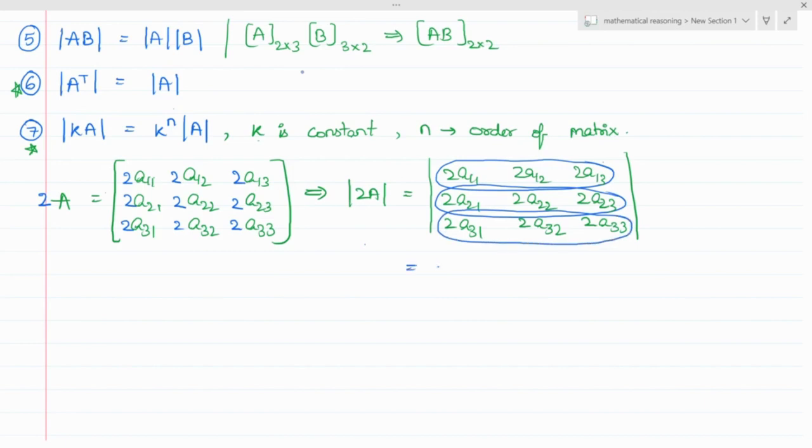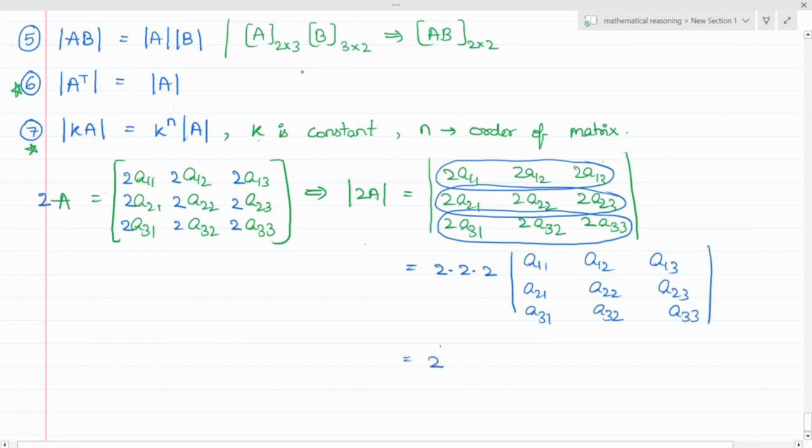So it becomes 2 into 2 into 2, times the determinant A11, A12, A13, A21, A22, A23, A31, A32 and A33. So it's nothing but 2 cube, times the determinant of A itself. Here 3 is nothing but the order of the matrix. What is the order? 3 cross 3. So n is the order of the matrix. So this is how we can prove this. Let us see a few questions on these properties.